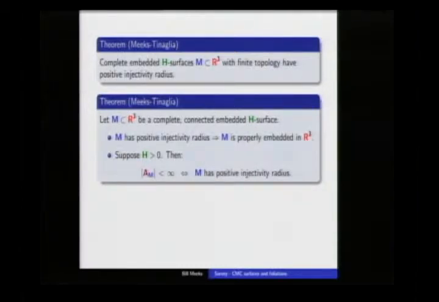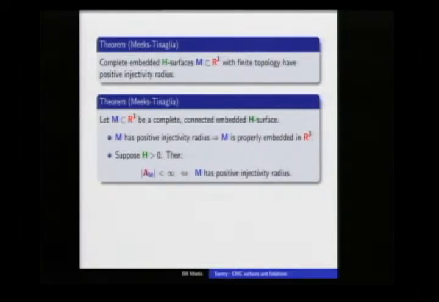The first result, we mentioned this before: a complete embedded H surface in R3 of finite topology always has positive injectivity radius. Now if you have positive injectivity radius, it turns out you're always proper. Harold and I did this for minimal surfaces. Interestingly, you also get a bound on the second fundamental form.